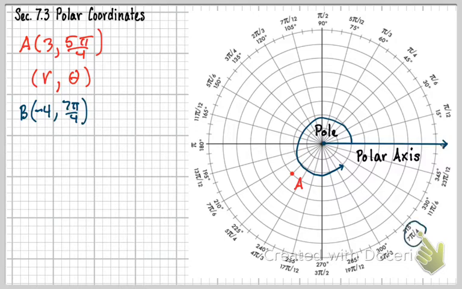Then it says -4. If it was positive, I would come out this way. Since it's negative, I'm going to go in the other direction, but still on the same line. So I'm going to come out 1, 2, 3, 4. So my point is going to be right there, and we're going to call this B. Now we have our A and our B. So that's how we graph points.